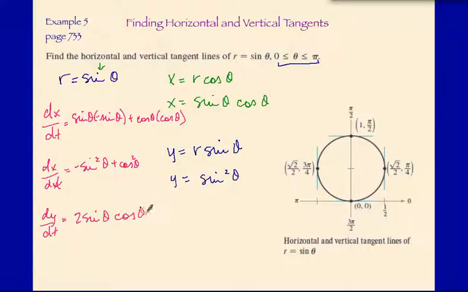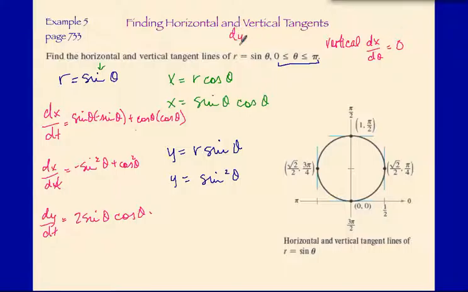Now, remember that dy/dx is this function over this function when you're talking about parametric equations. But since we're looking for vertical and horizontal tangent lines, what we learned on the previous slide is that you'll get the vertical tangent lines when you set dx/d theta equal to 0, because that would be the denominator of dy/dx.